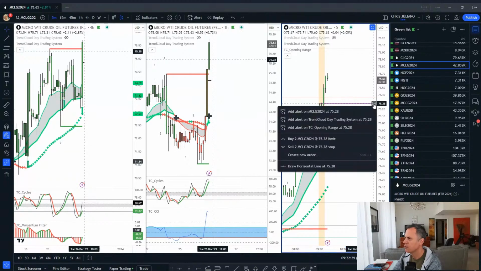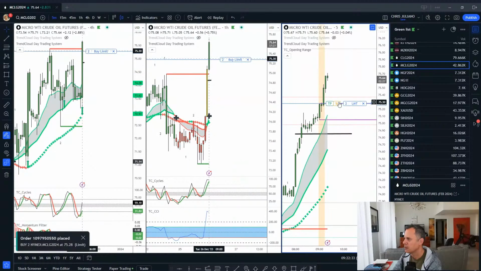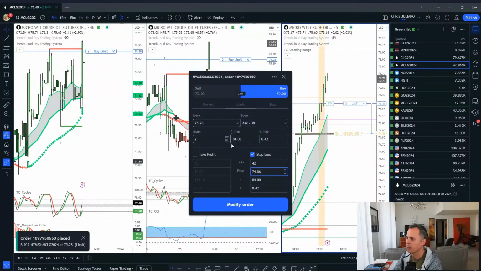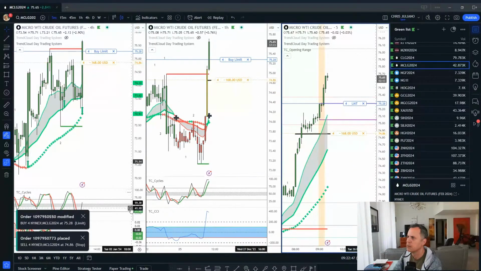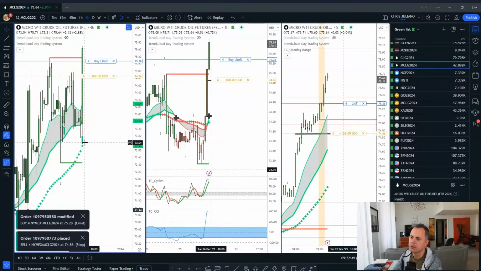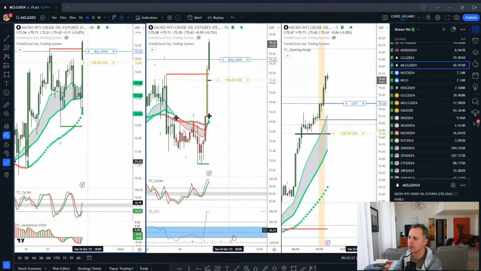How much can we afford? Let's just buy 2. Stop loss. And we can increase this. 4 contracts right on crude oil. Momentum is up, cycling up, trend is up, high time frame.